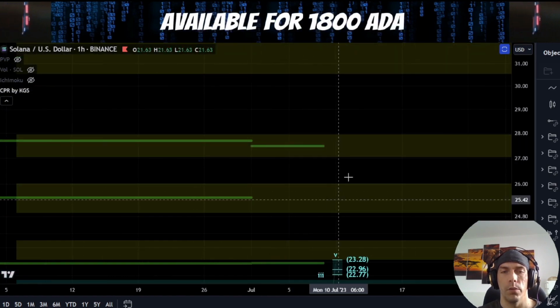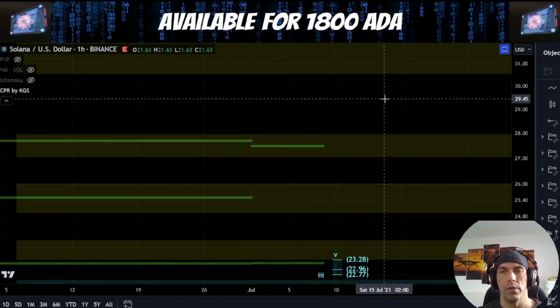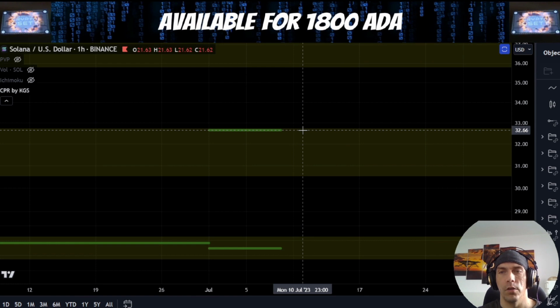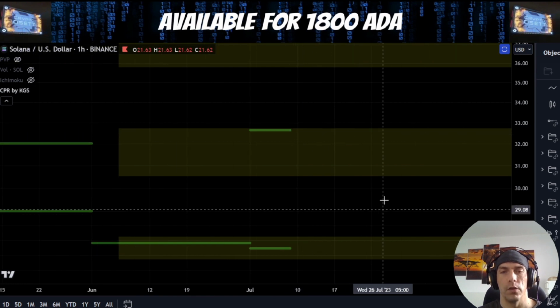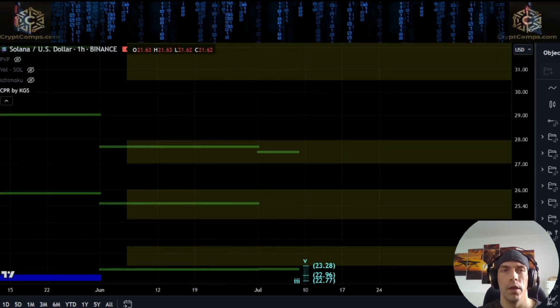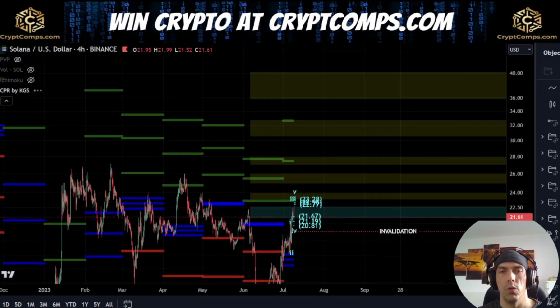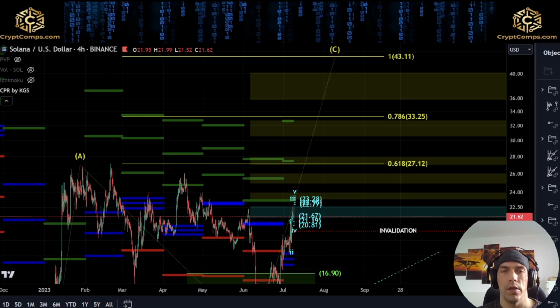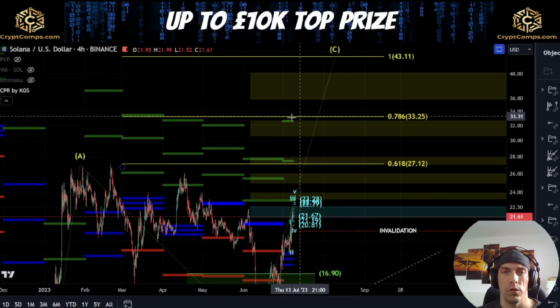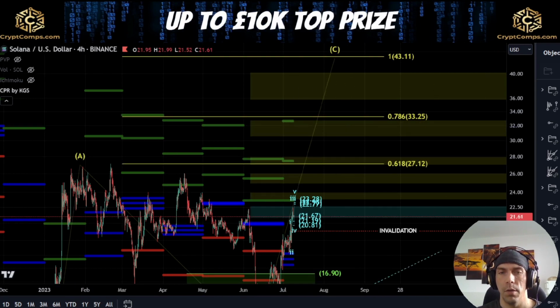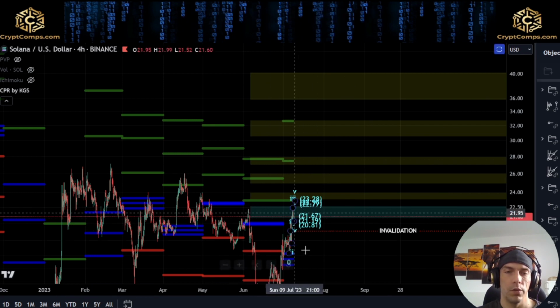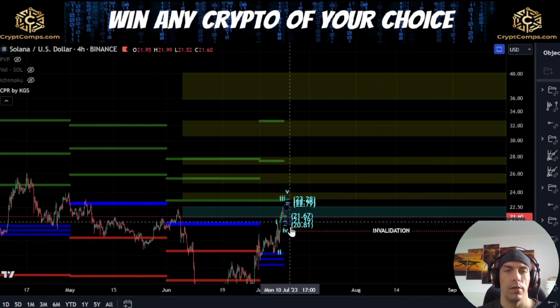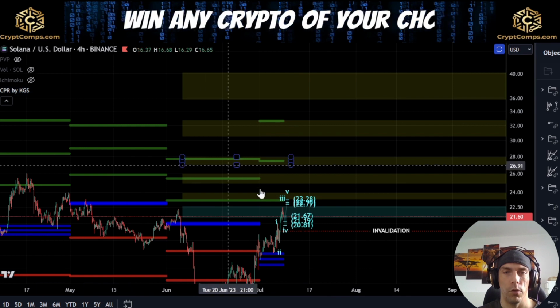If we are looking for further extension here, we do have this 2751 and this higher target here of this 3266. That would align with the bigger picture here: if we are looking at this move, possibly what we could be seeing is a bigger ABC to the upside, where we potentially look to target some of these levels. So I'm going to be keeping an eye on that if we do see price continue to show strength here and see this rally continue on during this month.